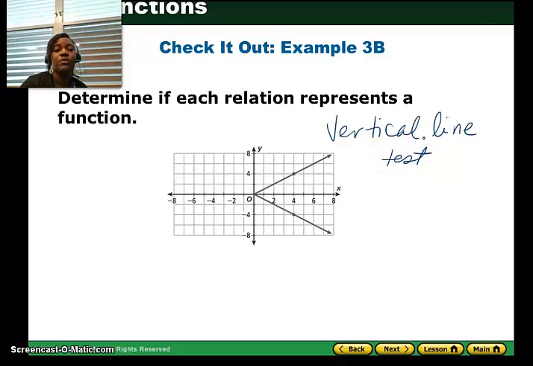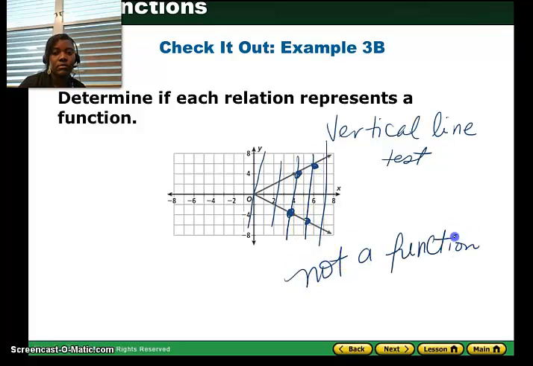If we are doing a vertical line test, all we do is draw vertical lines, straight lines going down on the graph. And if the lines we draw touch the graph in more than 1 spot, then it's not going to be a function.